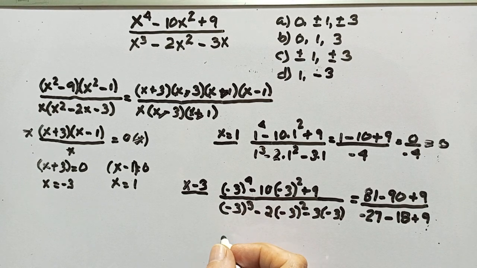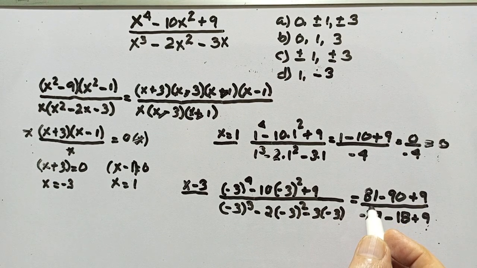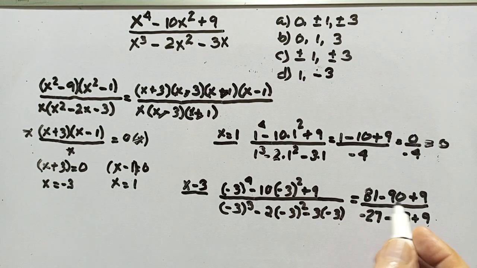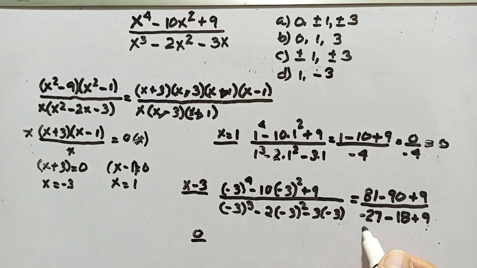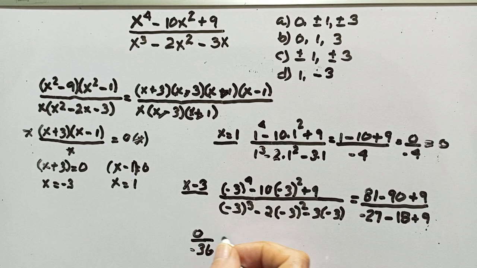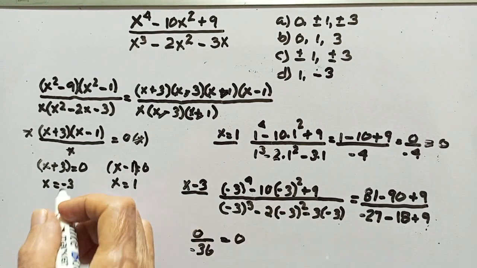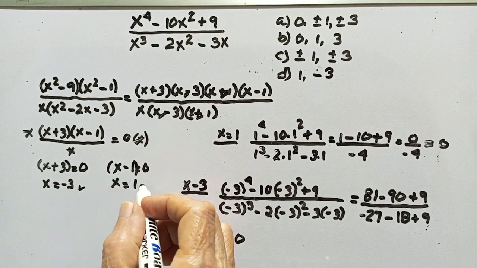Now, this is equal to 81 plus 9 is 90 plus minus 90 is 0. And this is minus 27, and then we have minus 18 and positive 9, that would be minus 9, so minus 36. But the answer is still 0, because 0 divided by any number is 0. So our answers are correct.